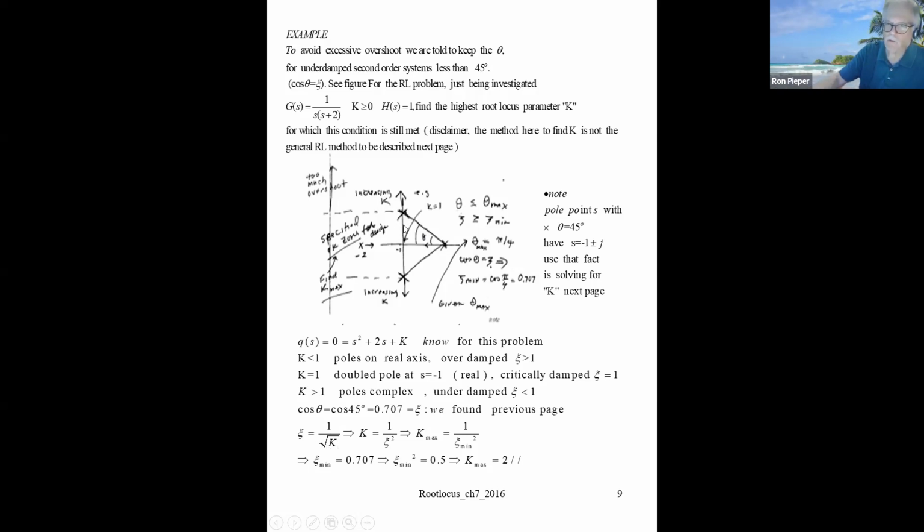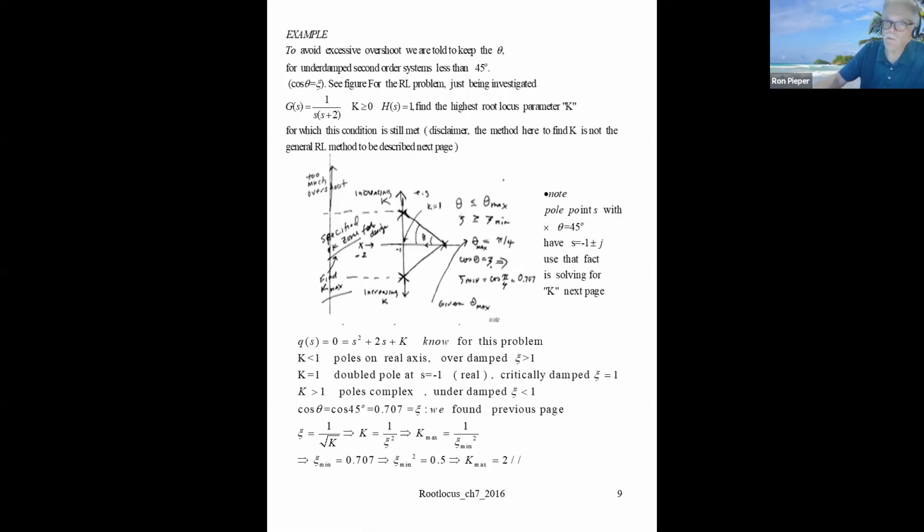So let's say our intention is to put a limit on how high that angle can be, knowing that puts a limit on the percent overshoot, for example. We're arbitrarily taking 45 degrees, just to take a number; we could have taken 30 degrees and had pretty much the same steps.